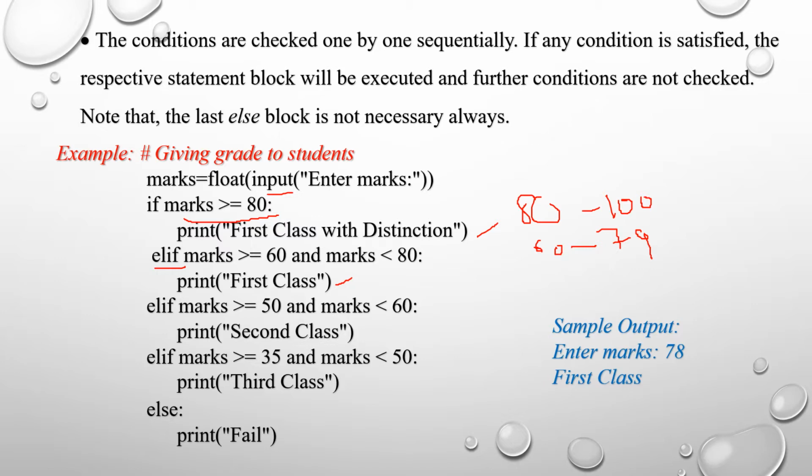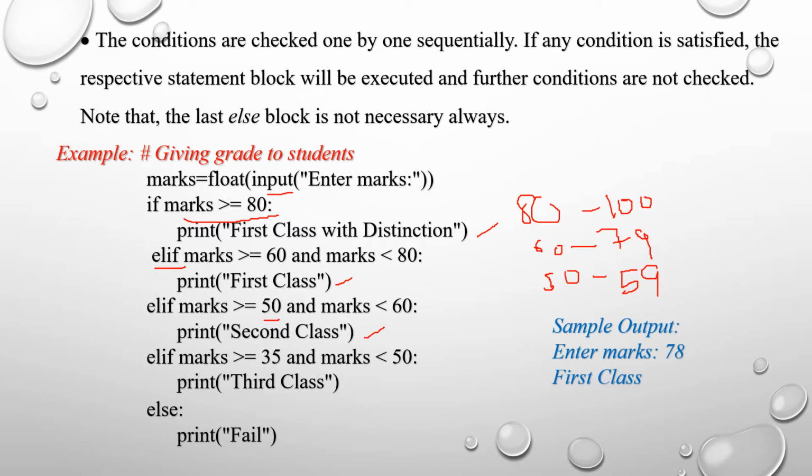Else if marks is greater than or equal to 50 and marks is less than 60, so 50 to 59, the student grade is second class.